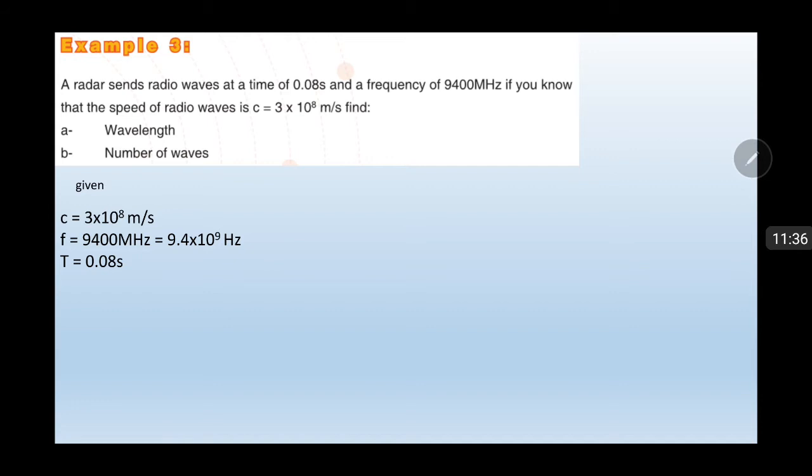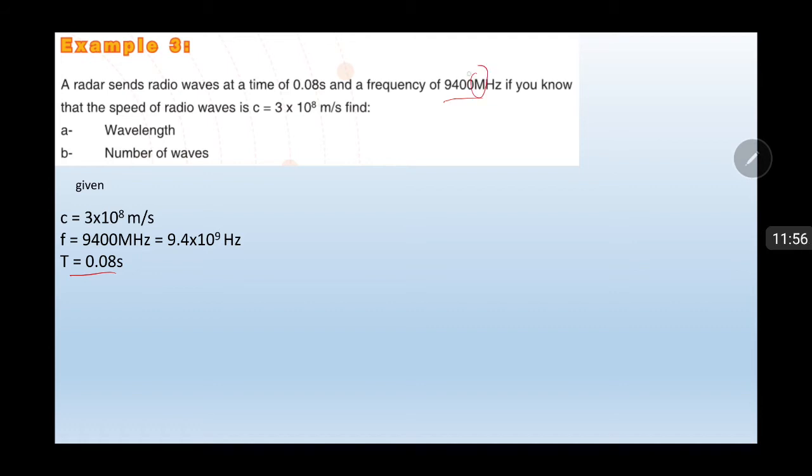Example: a radar sends radio waves at the time of 0.08 second. 0.08 second is the period, and the frequency is 9400 megahertz.